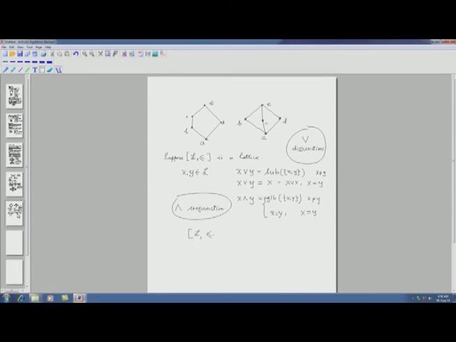Now, we can consider a lattice along with the partial order defined on it, some kind of algebraic system having these two operations, conjunction and disjunction. So, I can write the whole setup as L, then the partial order, then the disjunction and the conjunction.